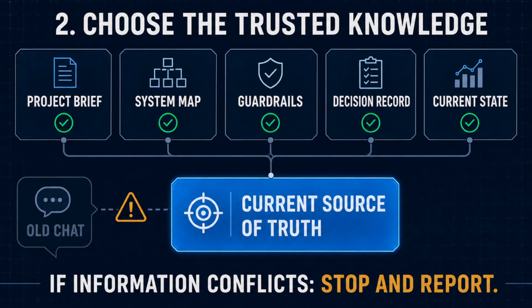In the previous episode, we created project sources such as the project brief, the system map, the guardrails, the decision record, and the current state. Those files give the AI a trusted place to look. But simply having documents is not enough.